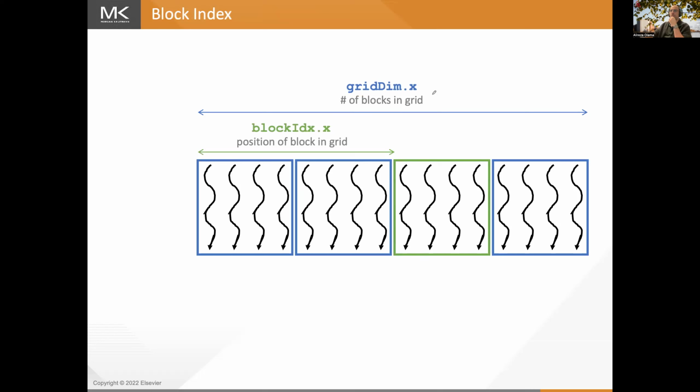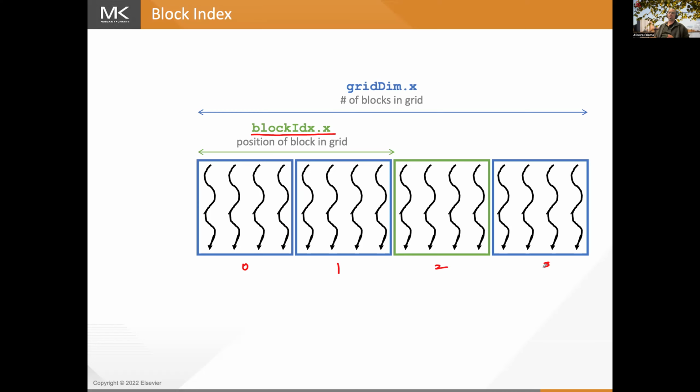Right? So the next piece of information that CUDA gives you within your kernel is the indices of the blocks. So for example, in this case, we have 4 blocks, and each block has its own index. So this is block 0, block 1, block 2, and block 3.